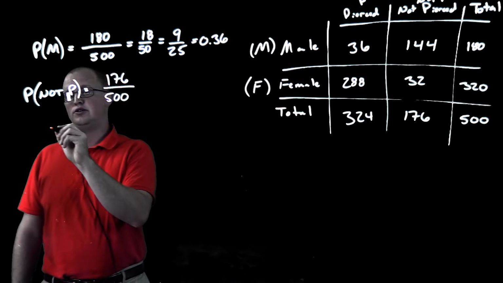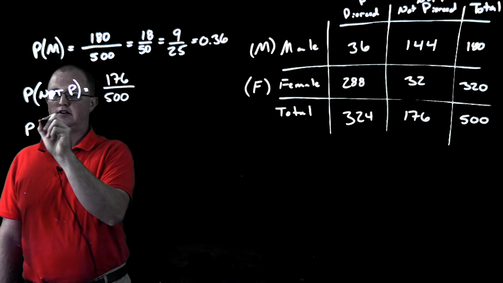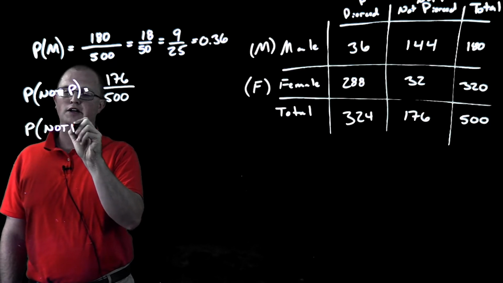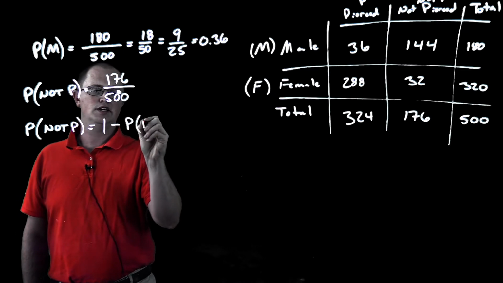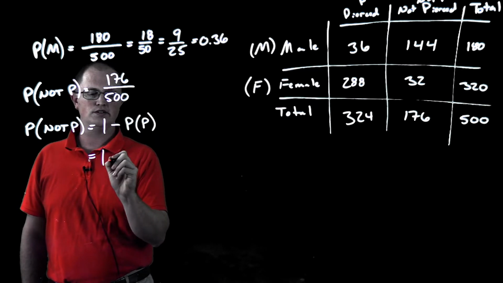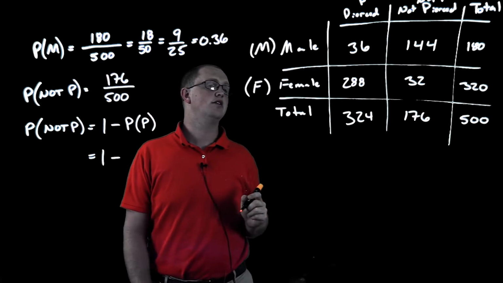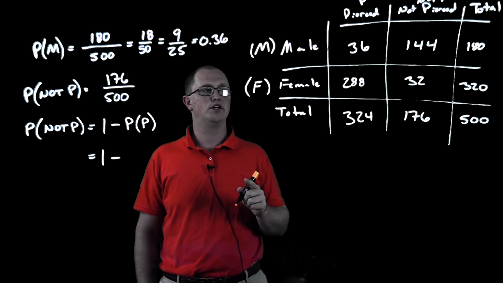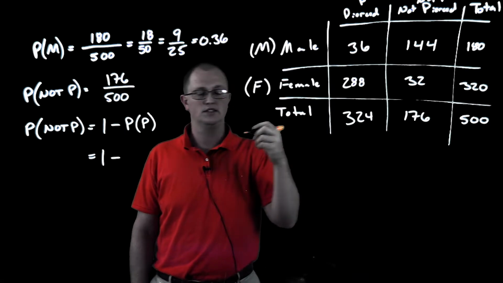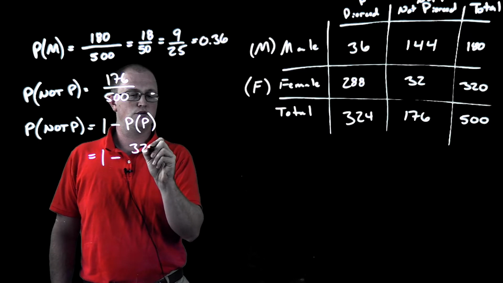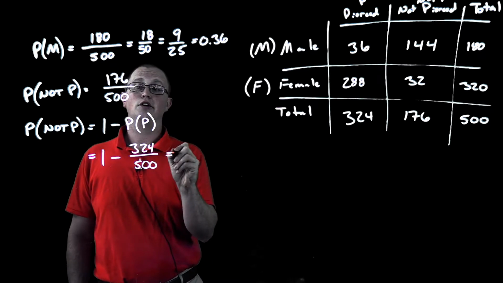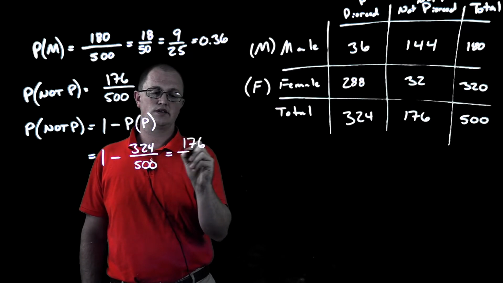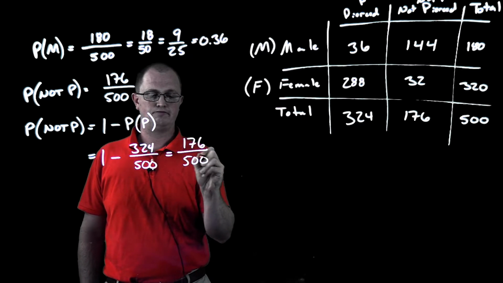Or we could do the value of not P is equal to 1 minus the probability of P, which in this case is 1 minus the probability of someone responding that they had pierced ears, which is 324 out of the total 500, which also gives us the 176 out of 500.